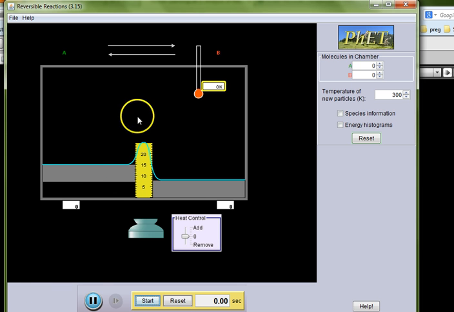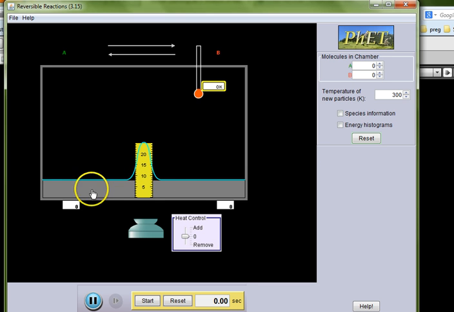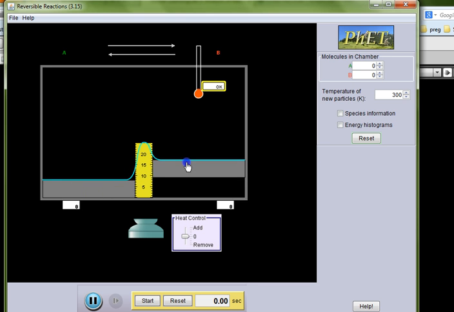What I want you guys to pay attention to is the scale. You can increase or decrease it here. On the y-axis there is energy, on the x-axis is the progress of the reaction, how far the reaction has gone.